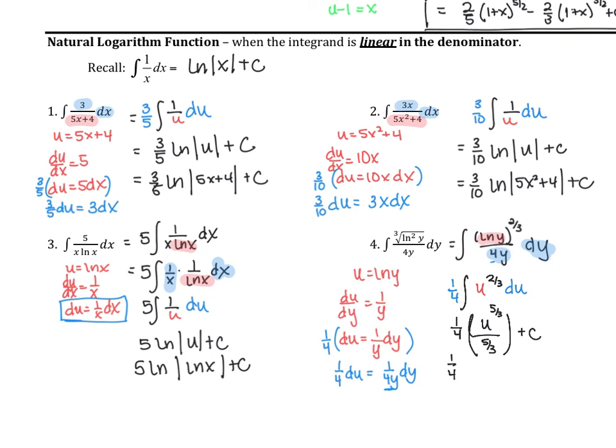So I'd have 1/4 times 3/5 times u to the 5/3 plus c. And so I get 3/20, and u was the natural log of y, to the 5/3 plus c. How do we do? So while they look different and maybe a little bit uglier, they're okay.